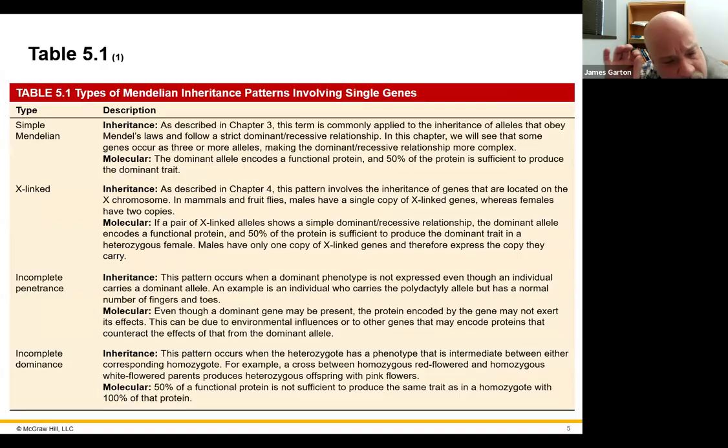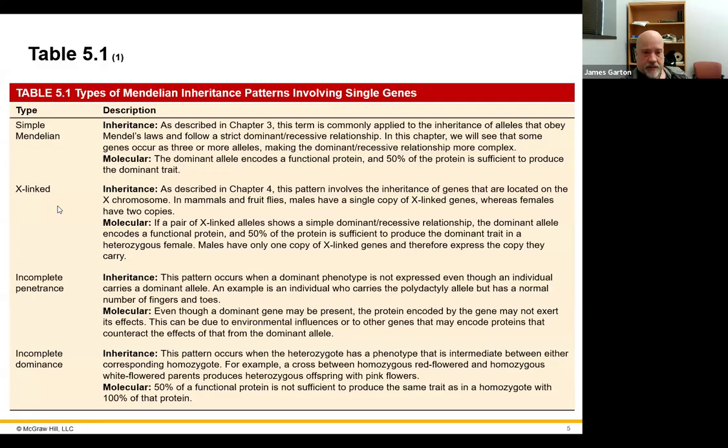And there are some simple varieties. There is simple Mendelian inheritance: one gene, two alleles, one dominant, one recessive. The underlying explanation is that the dominant allele encodes a functional protein, and half of the dosage is enough.